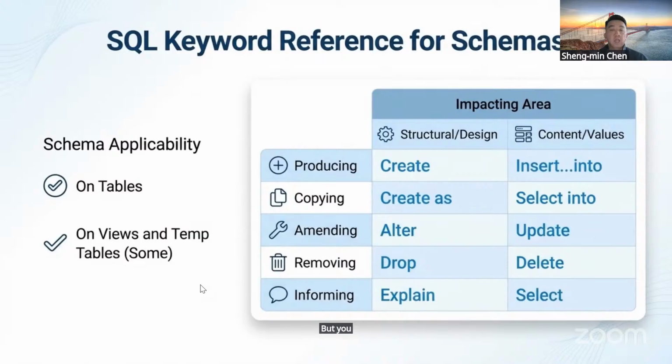But you get exactly the same columns, just a different table name, along with primary keys and foreign keys when you do create as. Now, when you're doing select into, then you're actually copying and pasting the values of your first table into the new table. Okay? Create as is just making a copycat table structure.